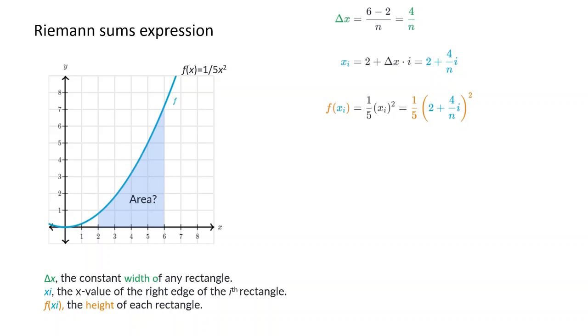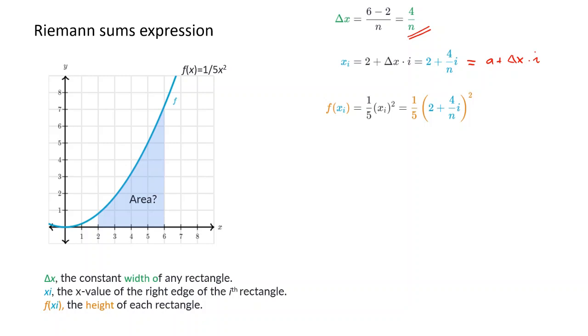Here we define delta x, which is (b minus a) divided by n. In this case we have (6 minus 2) divided by n, equal to 4 over n, and xi is equal to a plus, if you remember earlier, delta x times i.